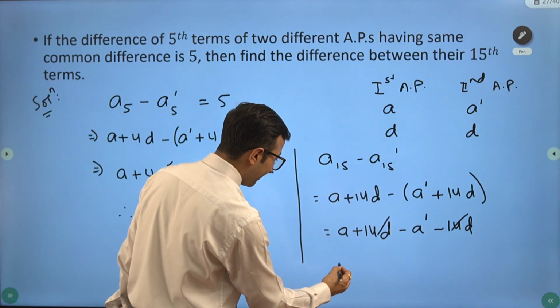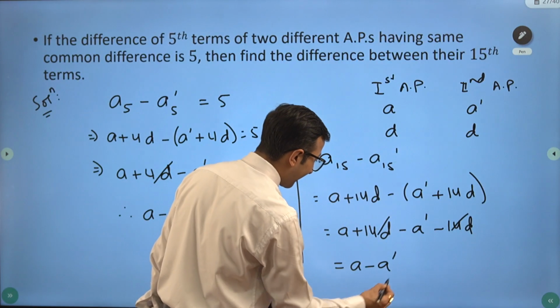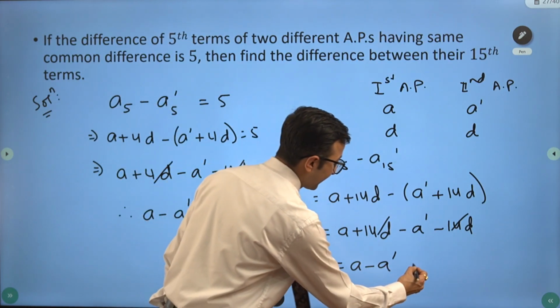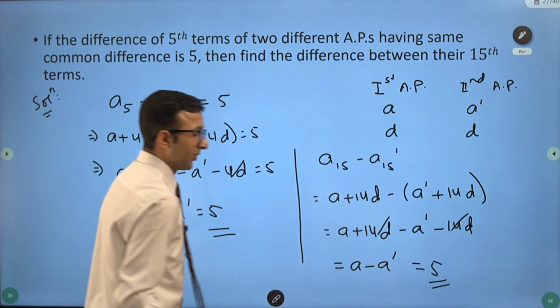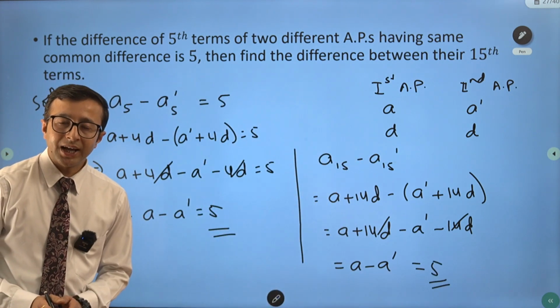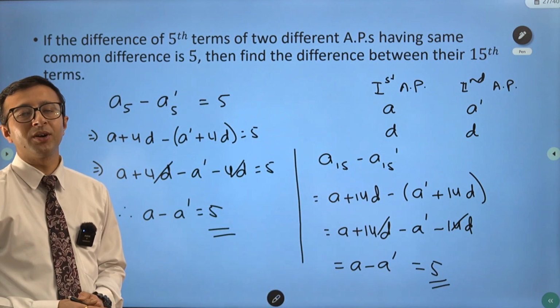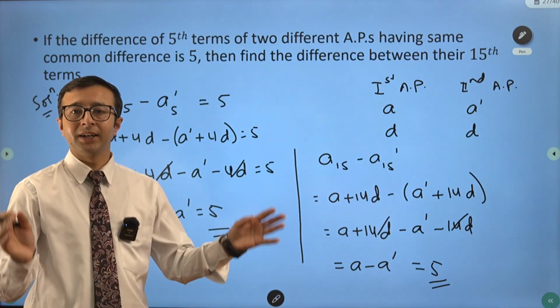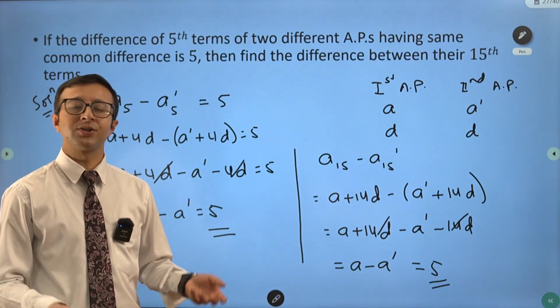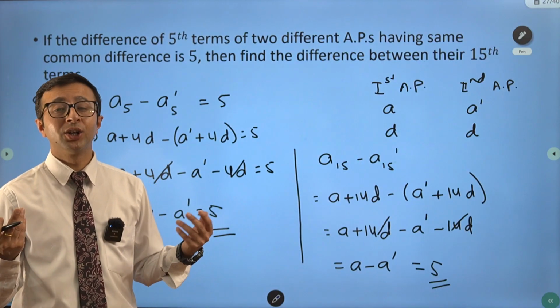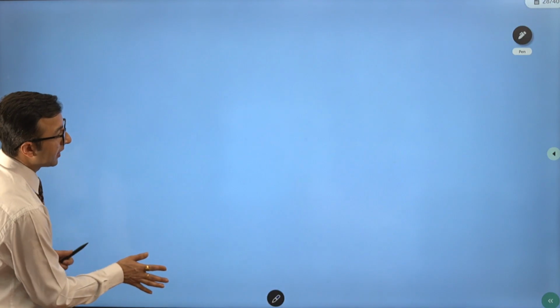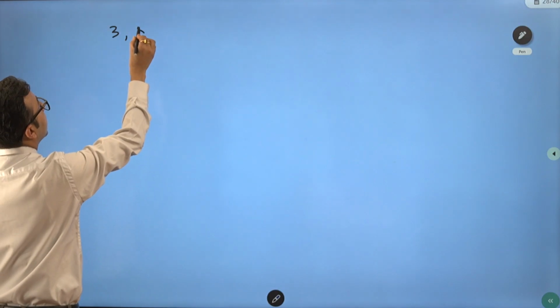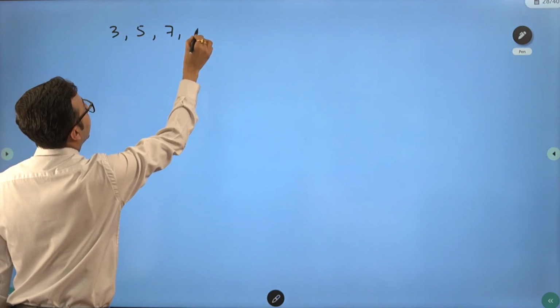This will cancel out, so we get A minus A dash, which is 5. It should be clear that in two different APs having the same common difference, if the difference of their 10th terms is, suppose, 10, then the difference of their first terms is also 10, the second terms also 10, the third terms will also be 10. So for example, 3, 5, 7, 9, and so on.